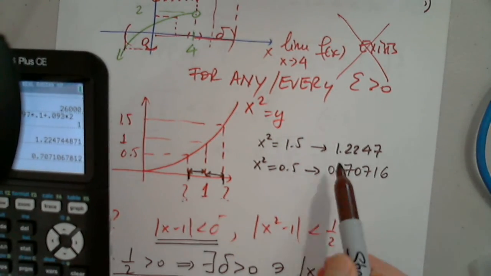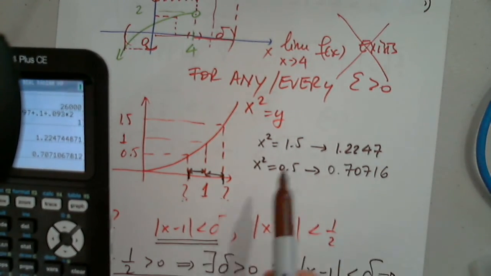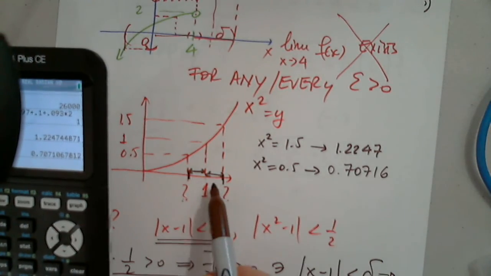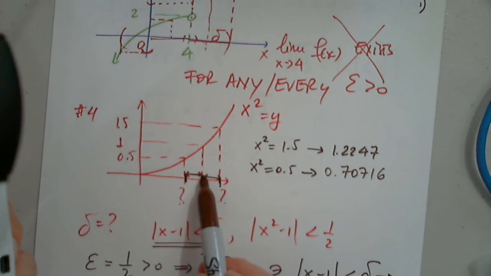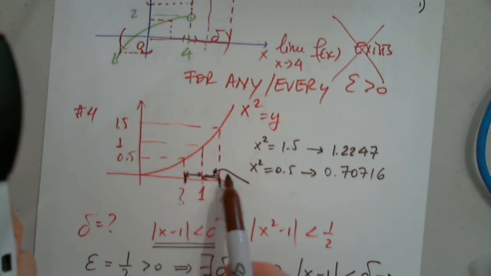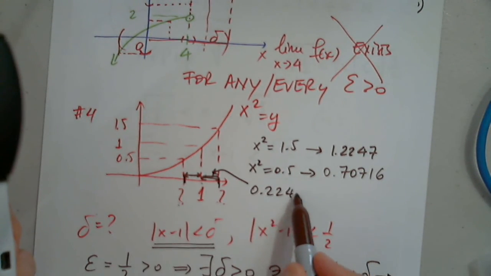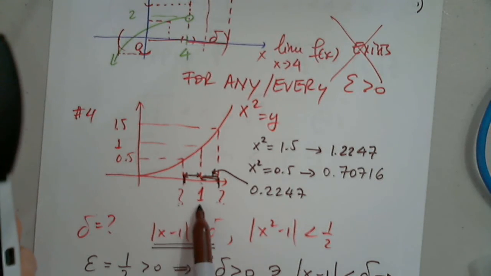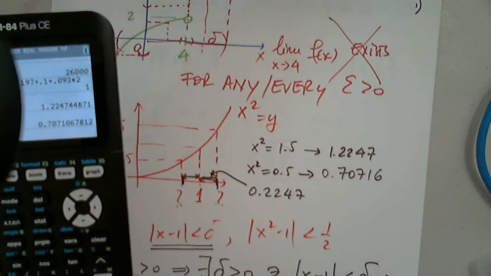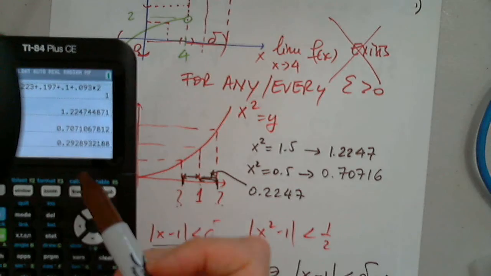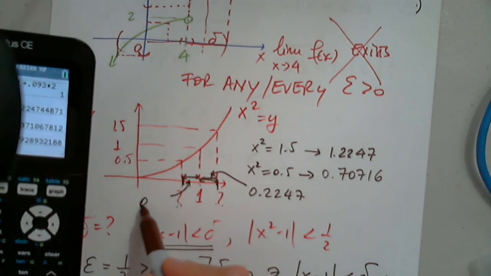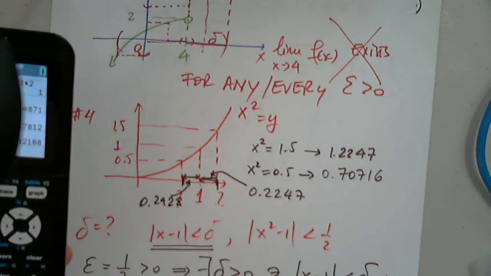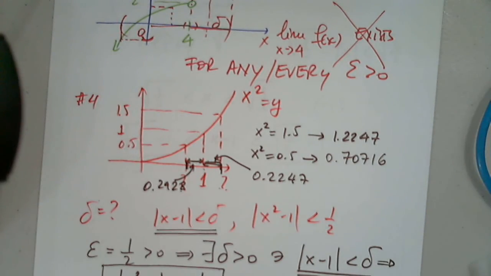And now we subtract from 1. From 1.22, we subtract 1. And we get that this piece is 0.2247. And then from 1, we subtract this, so 1 minus, and we get 0.2928. This is 0.2928. Which one will we have to pick?